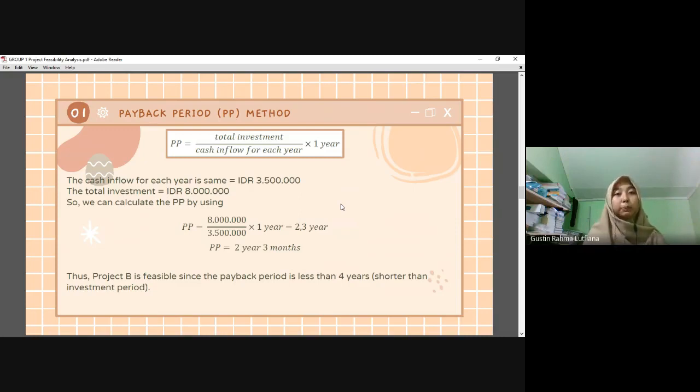So we can calculate PP as 8 million divided by 3,500,000 times 1 year, which is equal to 2.3 years. So PP is 2 years and 3 months. Thus, project B is feasible since the payback period is less than 4 years, or shorter than the investment period.